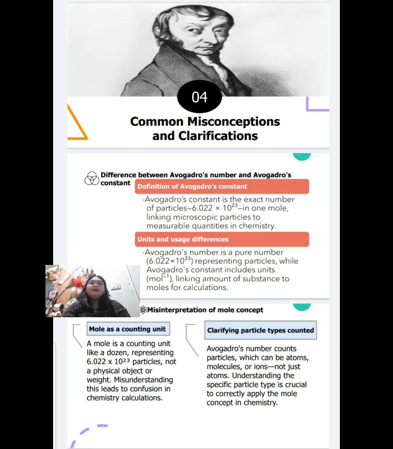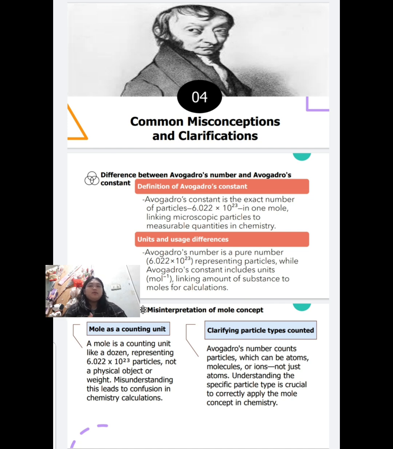So, the definition and the value: the Avogadro's number is 6.022 times 10 raised to the power of 23. It represents the quantity of particles in 1 mole. From the importance in chemistry naman, it's very crucial in using atoms to measure quantities.